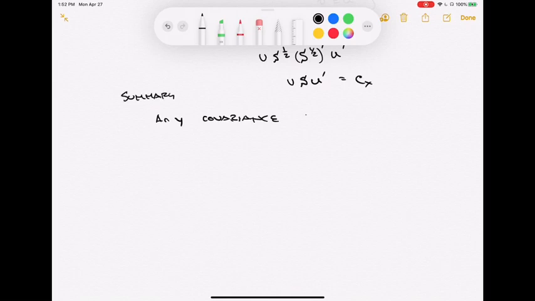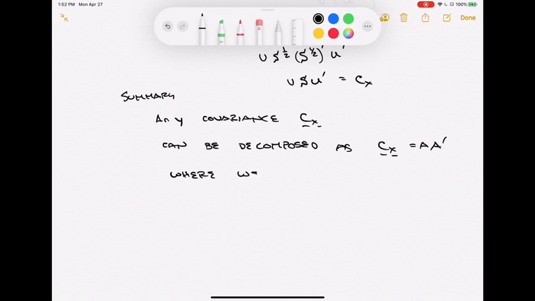Any covariance matrix CX can be decomposed as CX equals A A transpose, where A is equal to U S to the 1/2, the square root of that diagonal matrix. Using a slightly different notation, from the book, it is U D to the 1/2. The book just calls it D for a diagonal matrix.